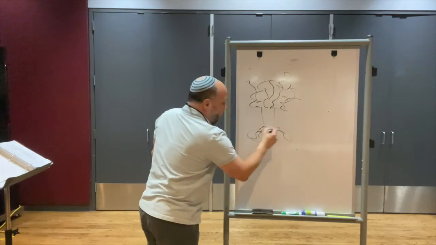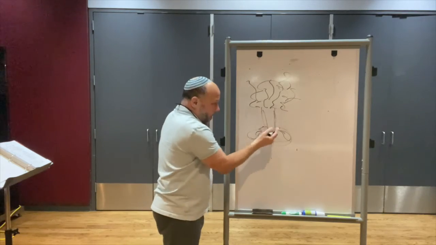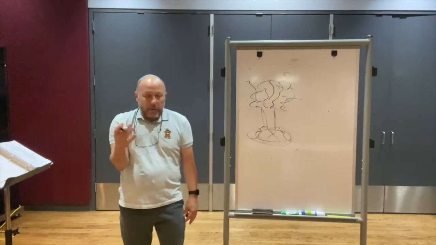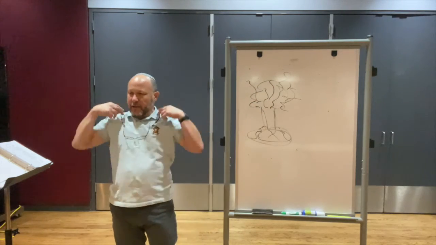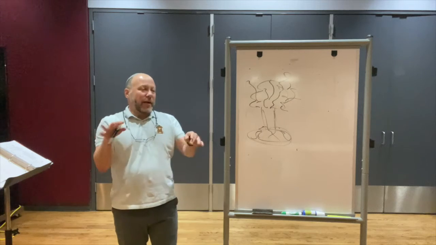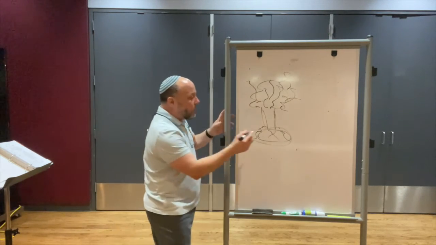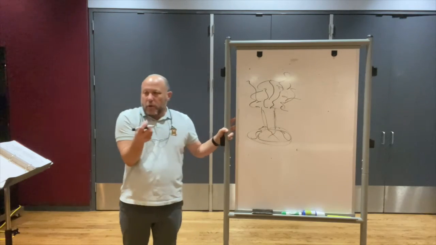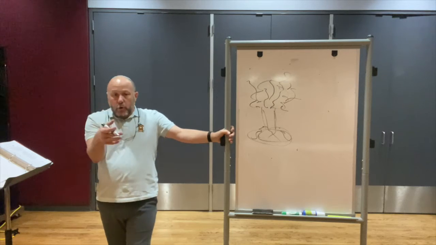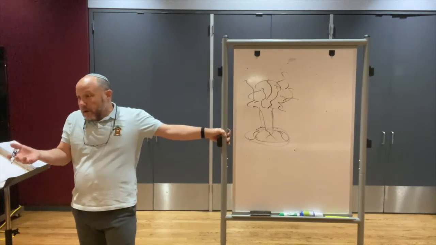The roots are generally the same. The trunk, what holds it up, is pretty similar, but the branches can look different. I don't want to extend the metaphor too far, but in Hebrew, the roots are called a shoresh. It's actually the word for the roots of a plant, shoresh. Okay.